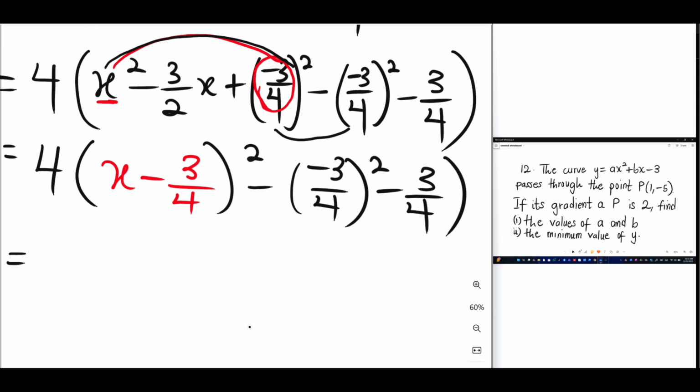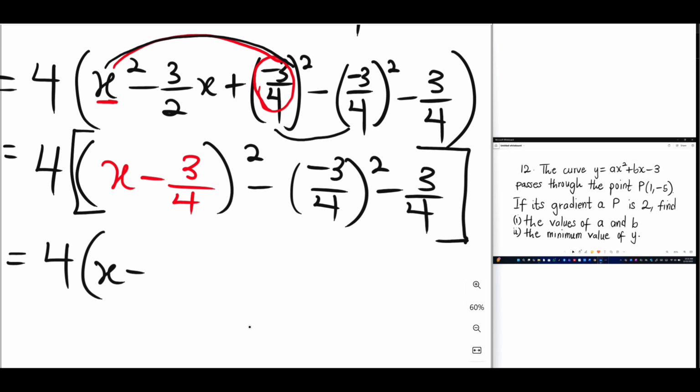So here we are going to get 4 multiplying x minus. There should be a bigger bracket here, let me close it well, because the 4 is multiplying everything. So we have x minus 3 divided by 4 squared in one bracket.